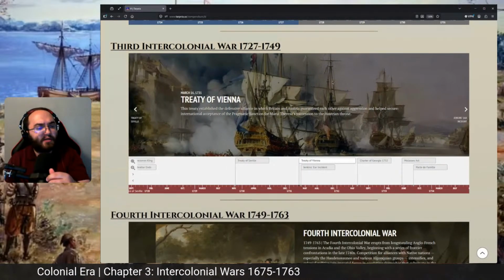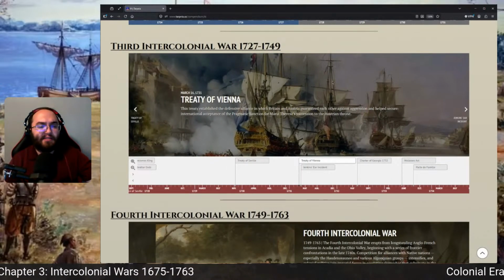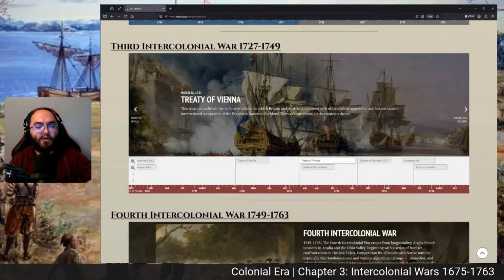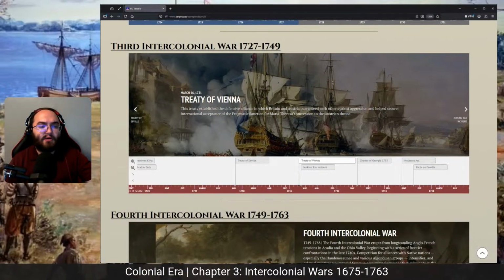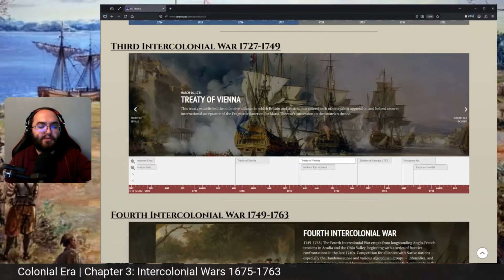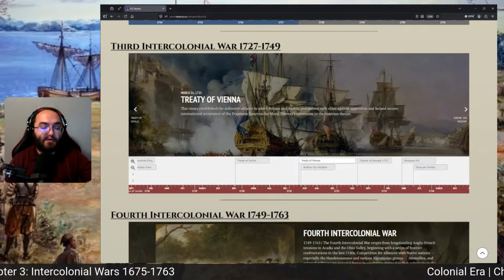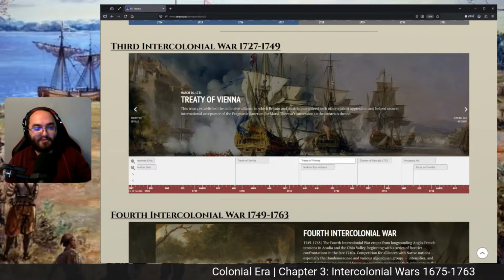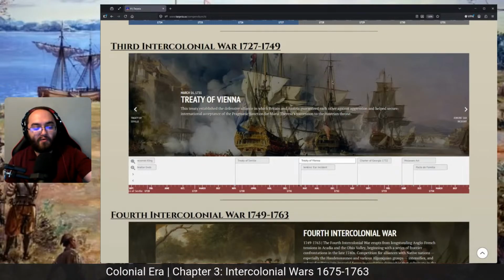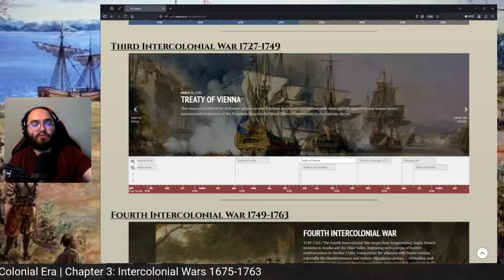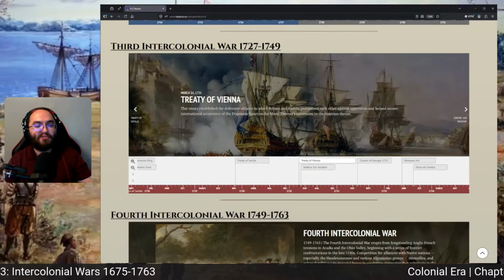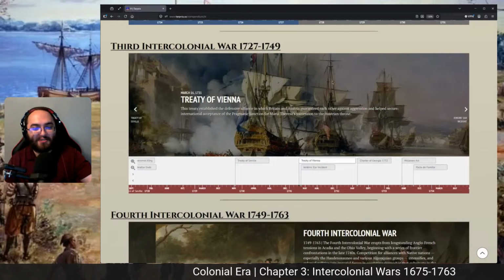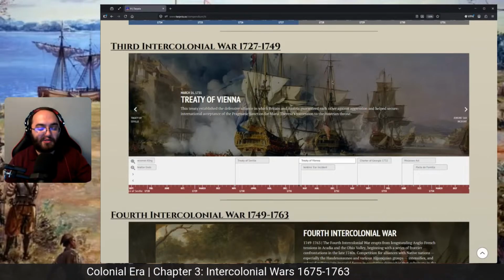You have the Treaty of Vienna. This treaty established a defensive pact in which Britain and Austria guaranteed each other against aggression and helped secure international acceptance of the Pragmatic Sanction for Maria Theresa's succession to the Austrian throne. So, Spain and France are friends, and now England, the Dutch, and the Austrians are friends, opposed to the Prussians and Russians and a few other nations.